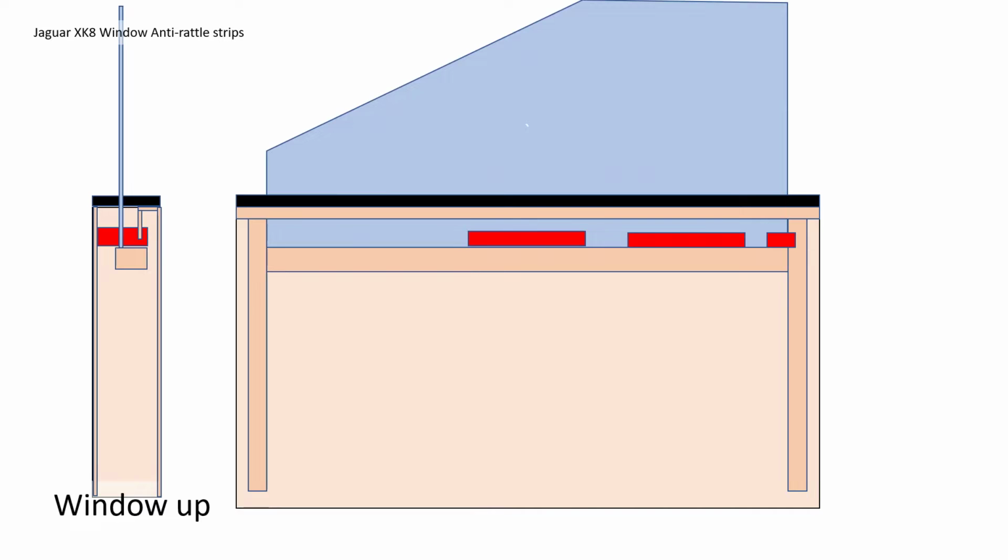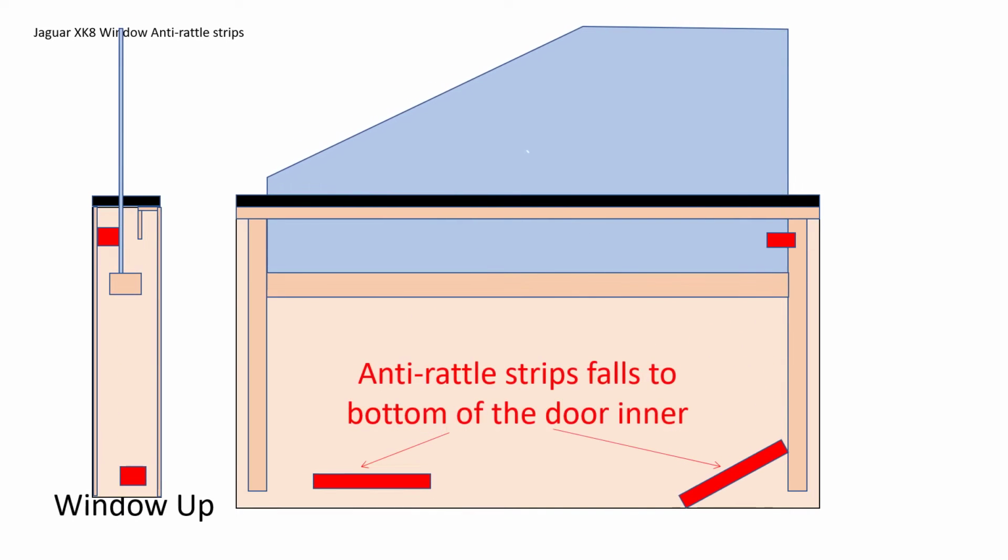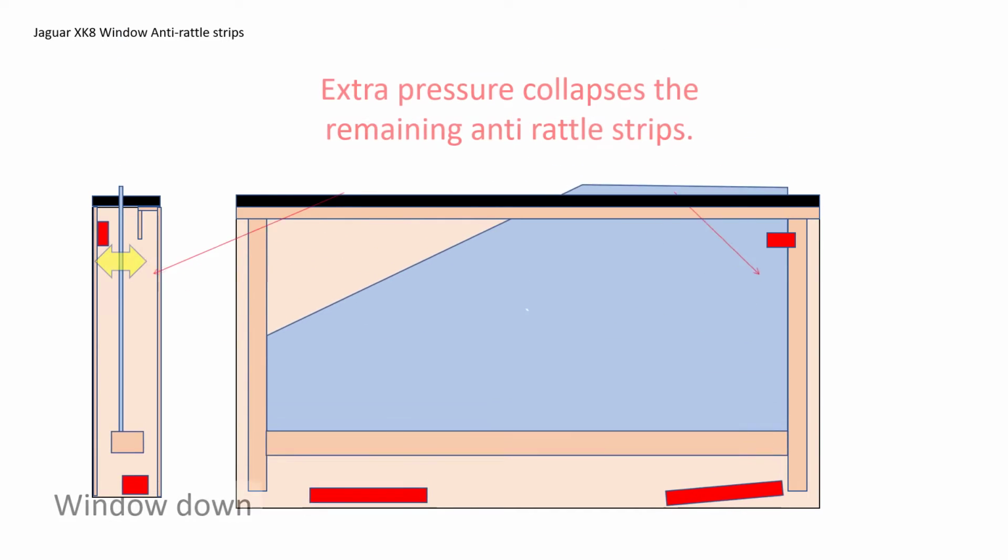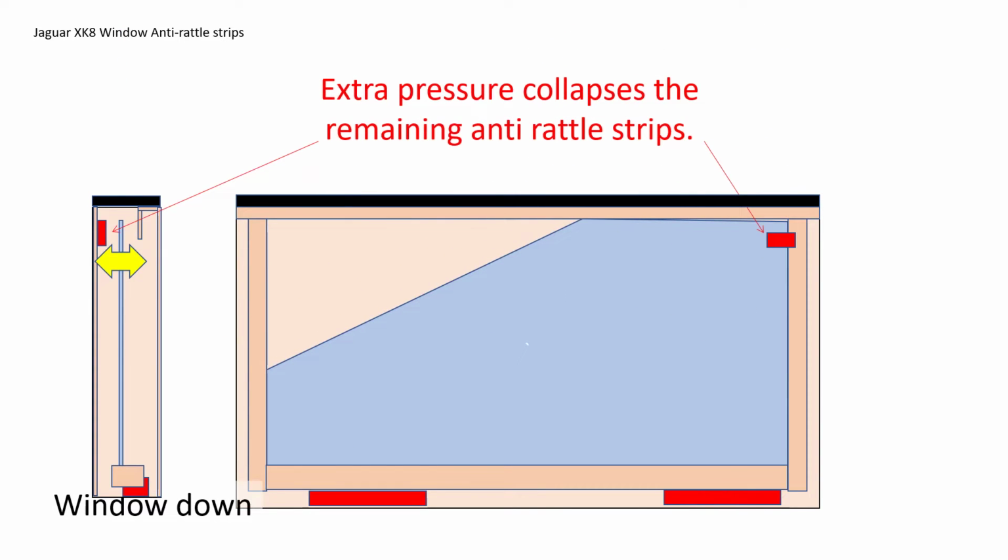It works pretty well for a while, but eventually they fall off and they end up in the bottom of your door inner. And this then makes the remaining anti-rattle strips, the short pieces, collapse and basically the window will rattle.